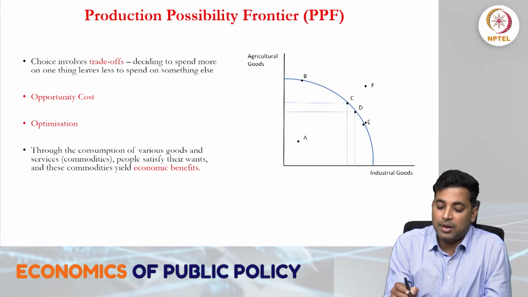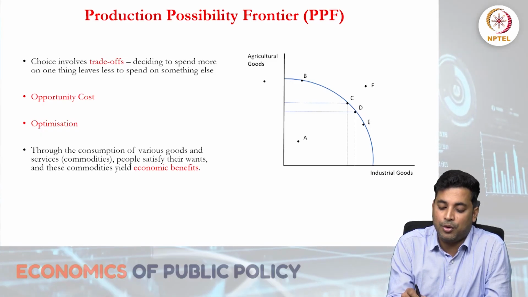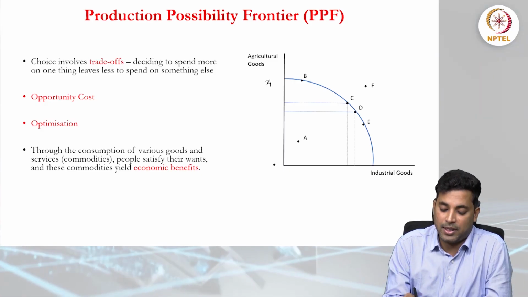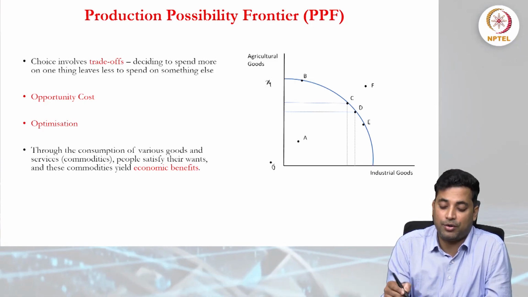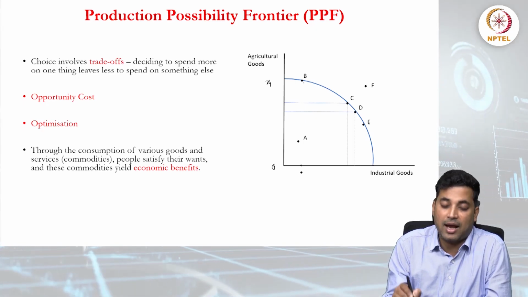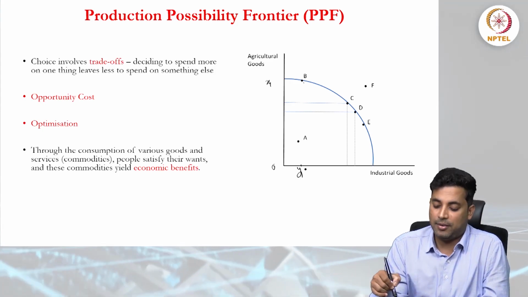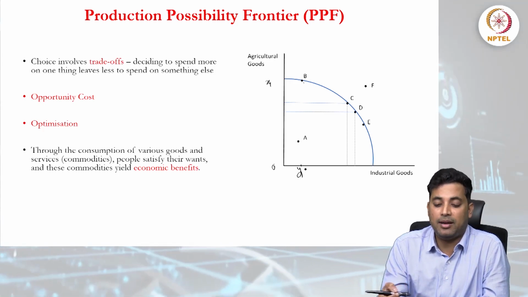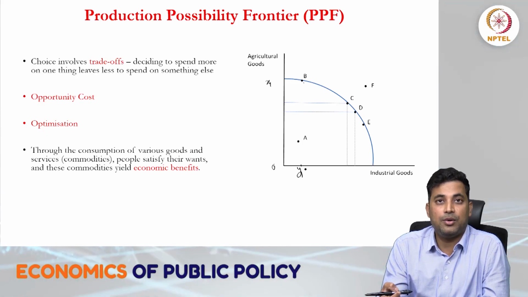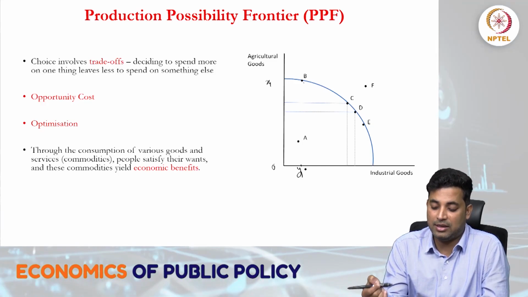There are various combinations where agricultural goods and industrial goods can be produced. Assume at point A we are focusing more on agricultural goods, say X1 amount of agricultural goods and Y1 amount of industrial goods. At point B it is clear that as a choice we are producing more agricultural goods as compared to industrial goods.